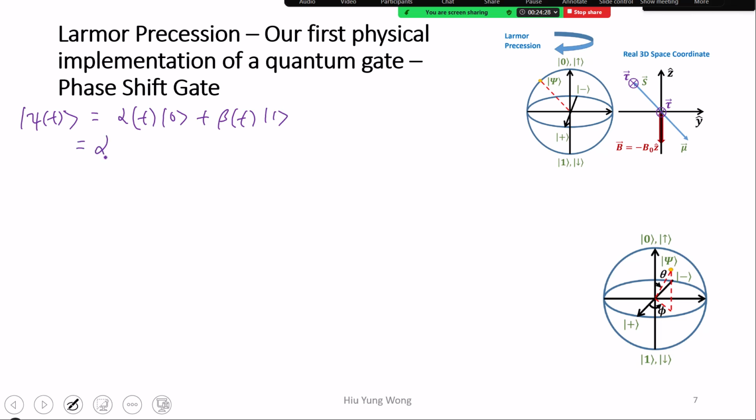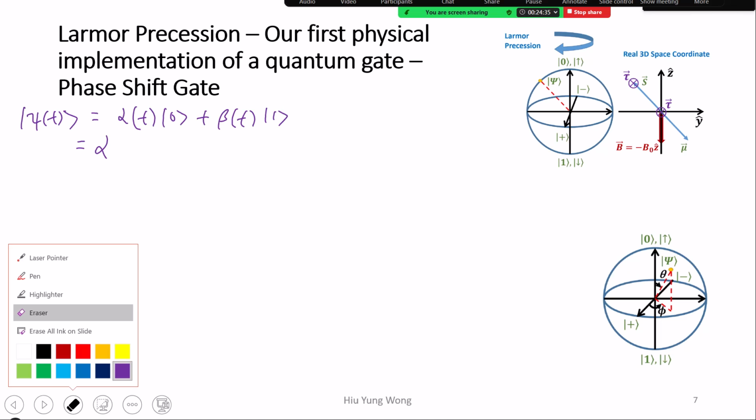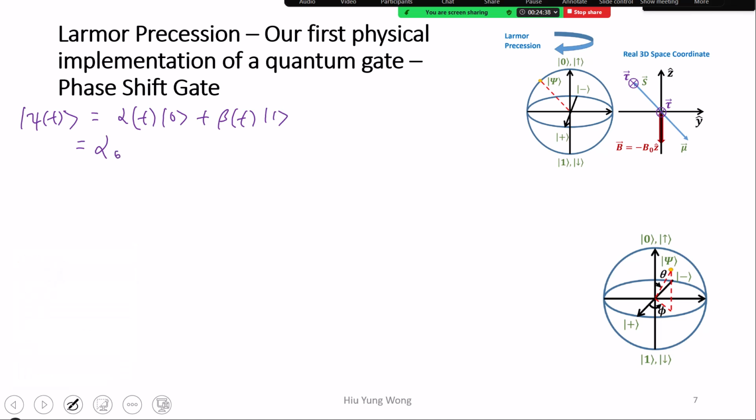And I just showed you that it is equal to alpha 0 e to the power i mu B B0 divided by h bar t, 0 plus beta 0 e to the power negative i mu B B0 divided by h bar t, 1.